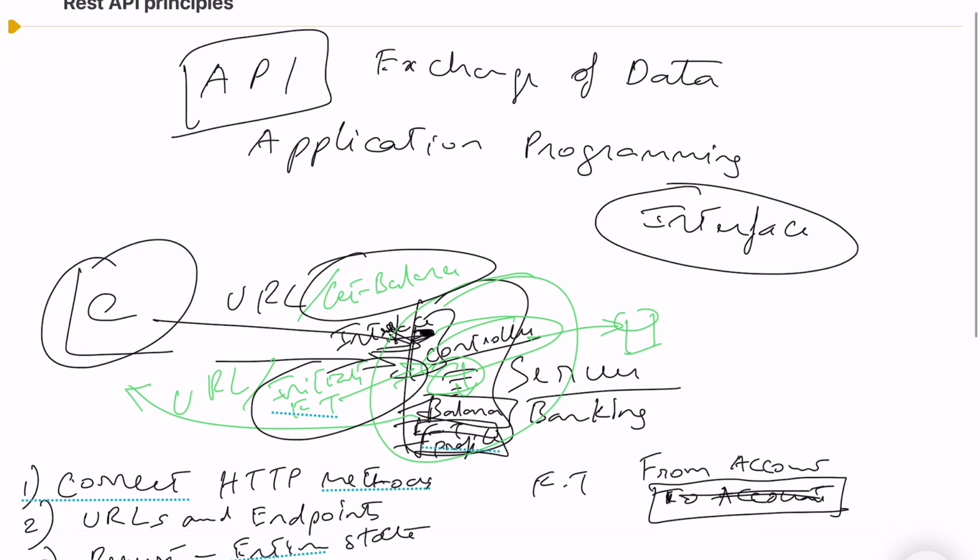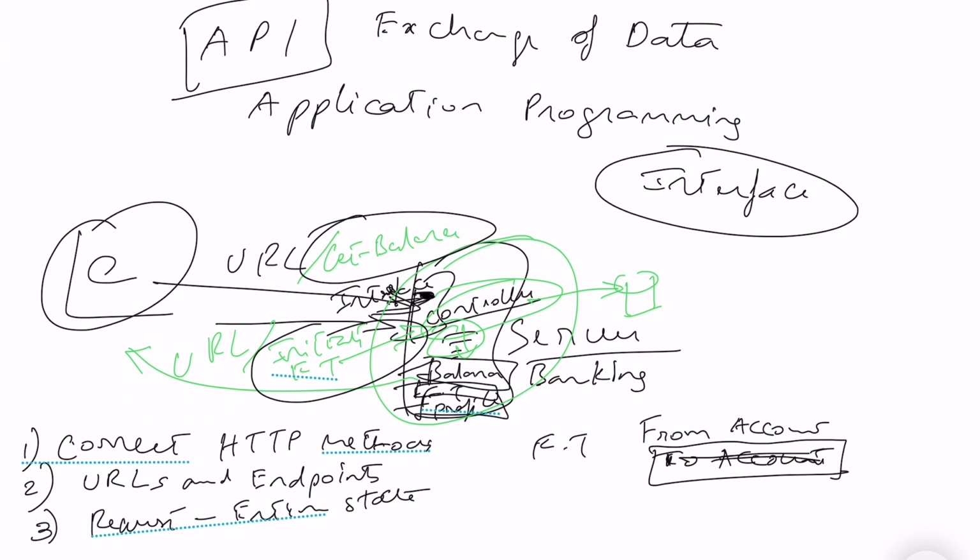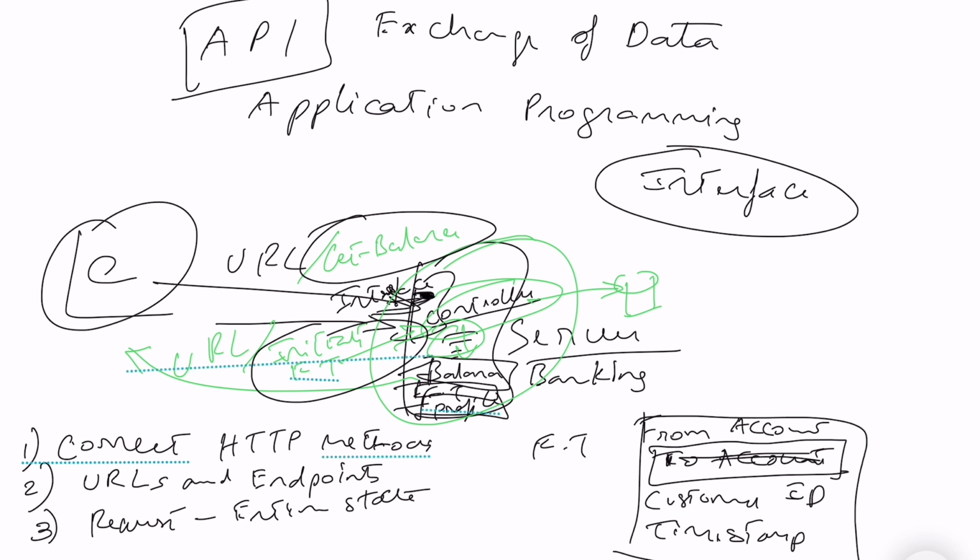This is going to fail. So that's the reason the entire state, for example, you may have other entries also, such as customer ID, such as timestamp. So if you're not sending the entire state or all the fields, what is going to happen is that this request between a client and a server will fail. That's the reason your request should have the entire state.